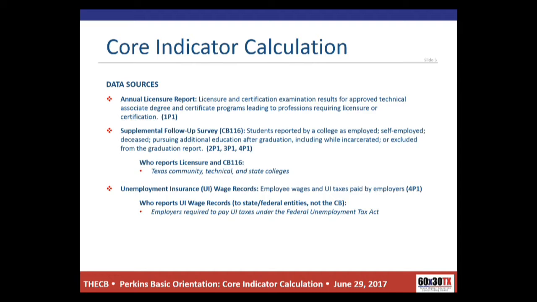And of course, unemployment insurance wage records aren't reported to the coordinating board, but our Perkins data analyst has access to this confidential data through Department of Labor and TWC records. So those are the 7 data sources that support calculation of core indicators. Okay, now I'll go over the reporting cycle.